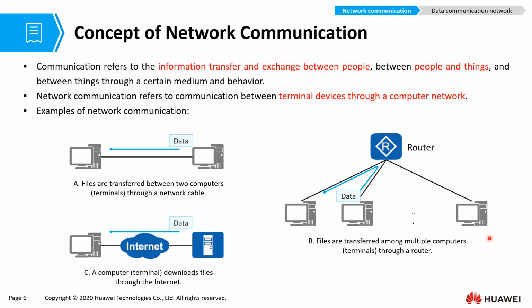In such a network, files can be transferred between every two computers through the router or switch. Third example, a computer downloads files through the internet. To download a file from a website, a computer must first access the internet.